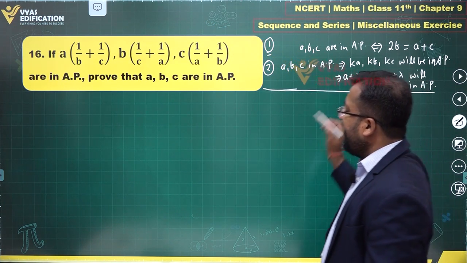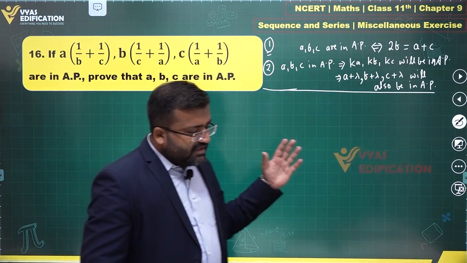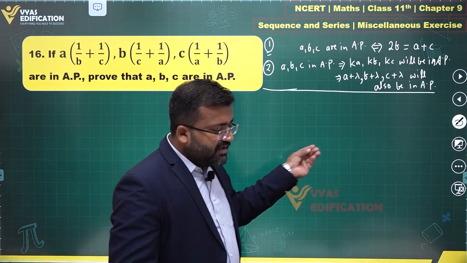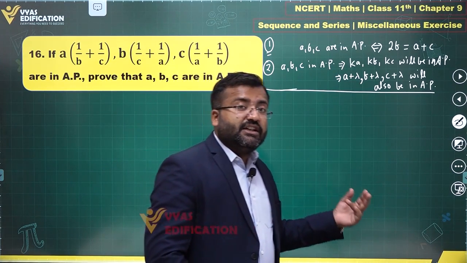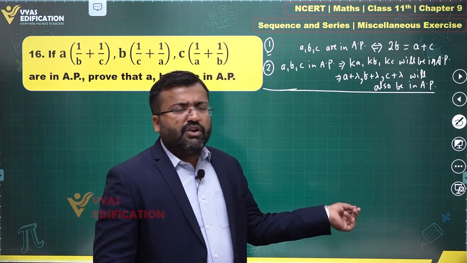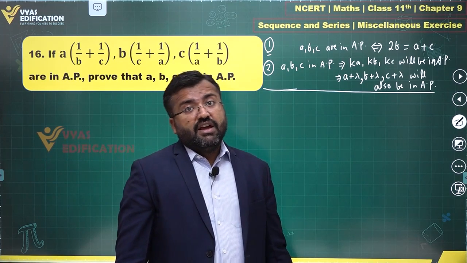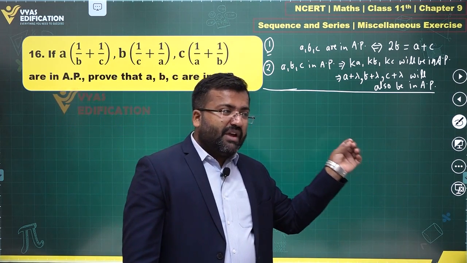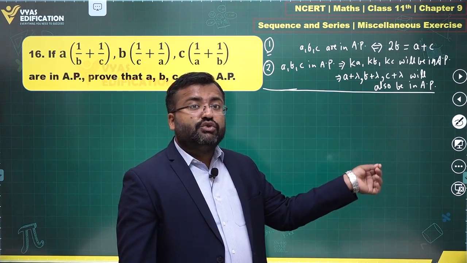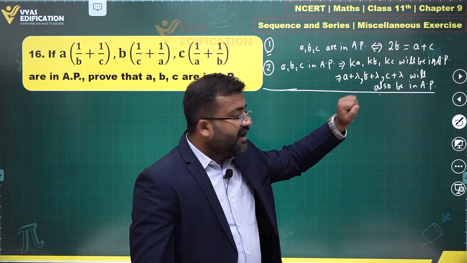So, the second point actually can be read as that if three numbers are in AP, or if you have an AP, you can multiply all terms of the AP by some non-zero number and still the numbers will be in AP. If you are given an AP, you can add some constant to each and every term and the resulting sequence will also be in AP.